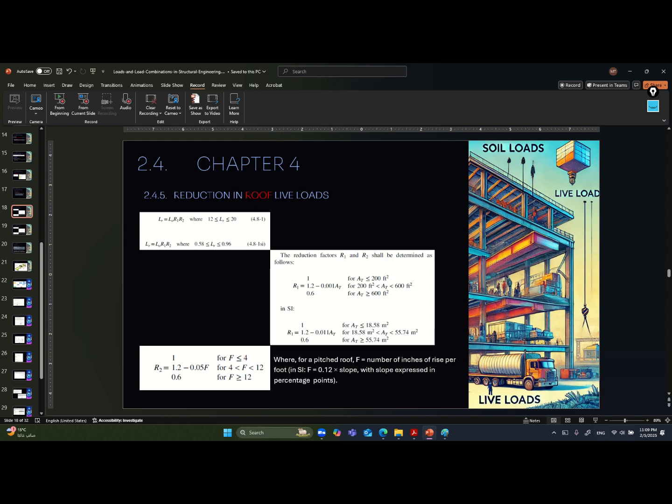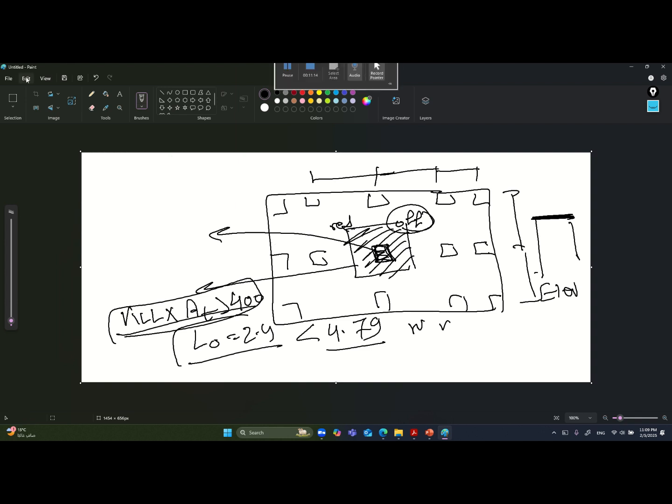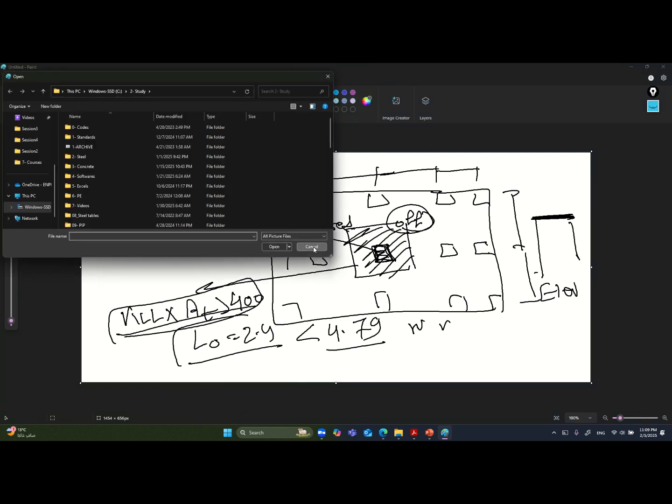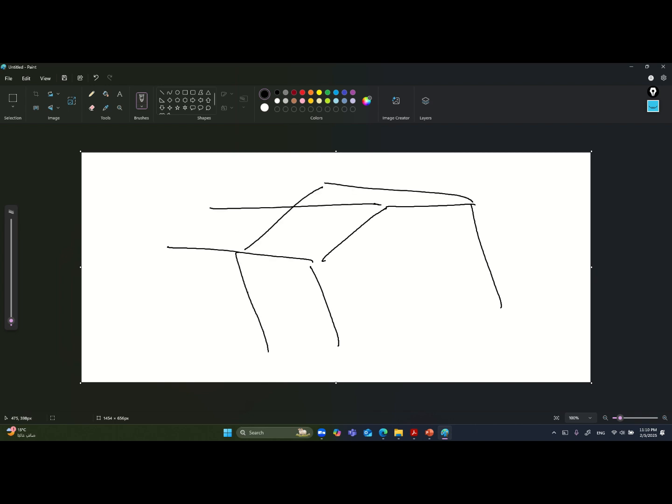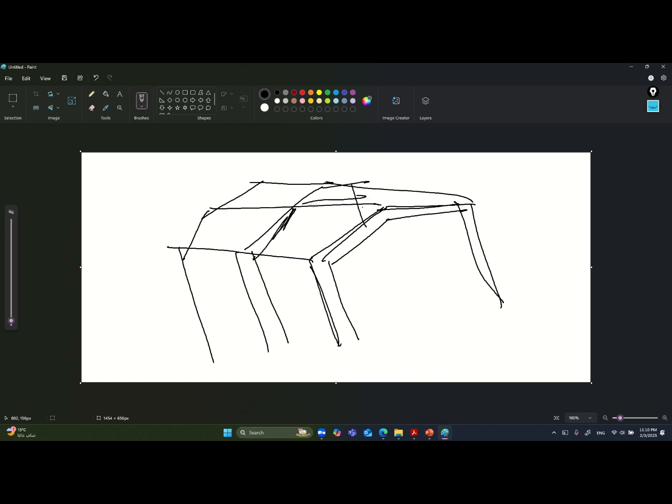So if he gives you a warehouse, for example, like a storage place, that is the main system, and he tells you to calculate the area for the main system here, then you will have to check the tributary area for this part also. That is the first thing you are going to do, the tributary area.